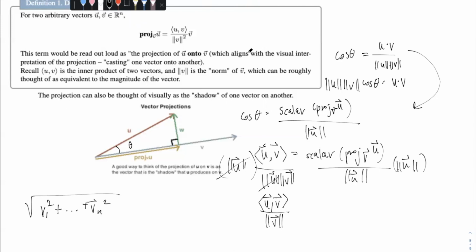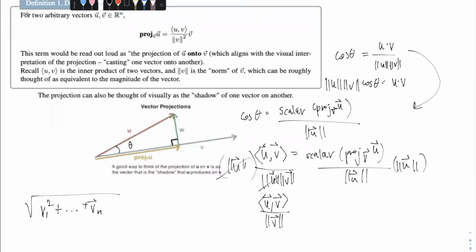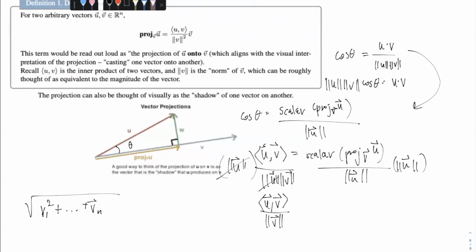But keep in mind that this quantity here, the scalar of the projection of U onto V, is still simply just a scalar.